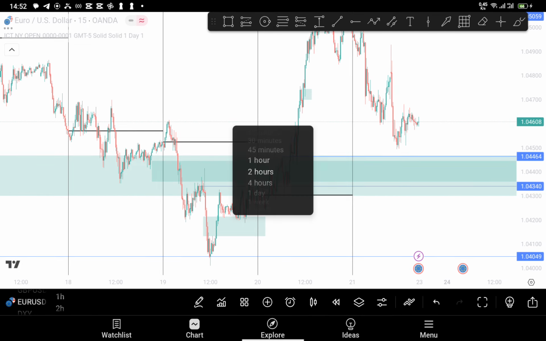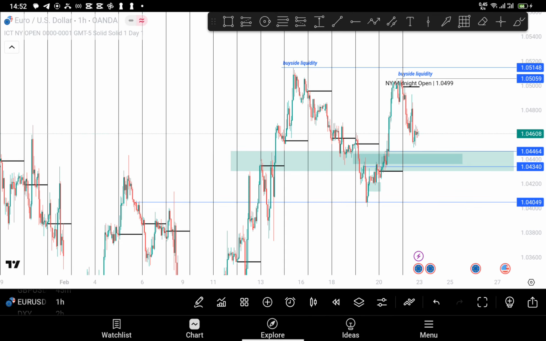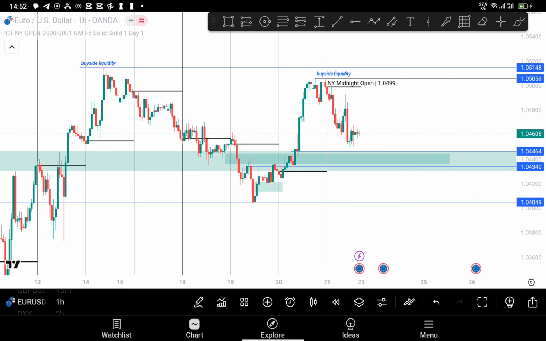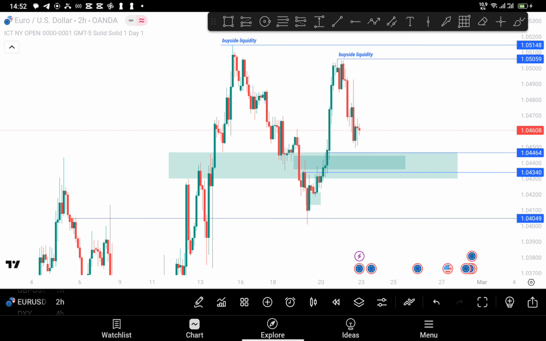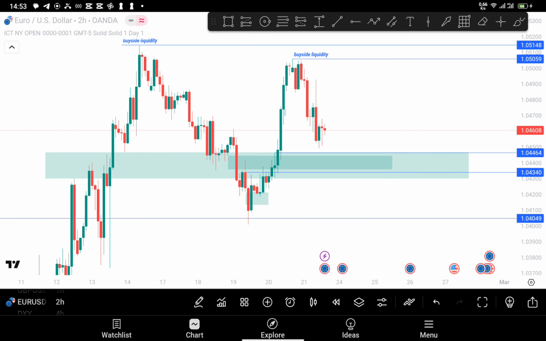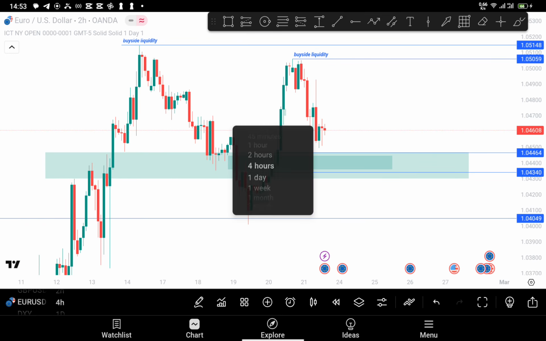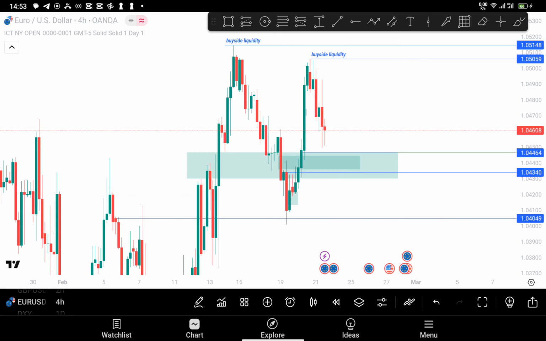Remember I said this week we want to see the market find support in discount. I would like to see the market go down and then attack this buy side.